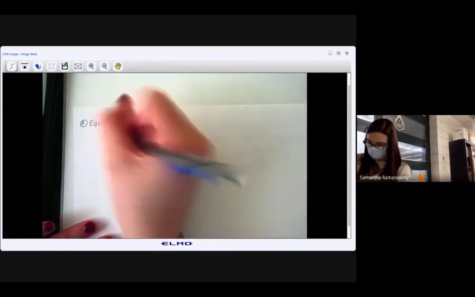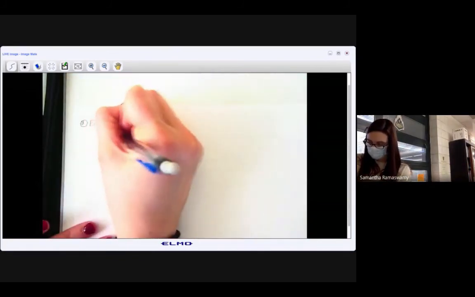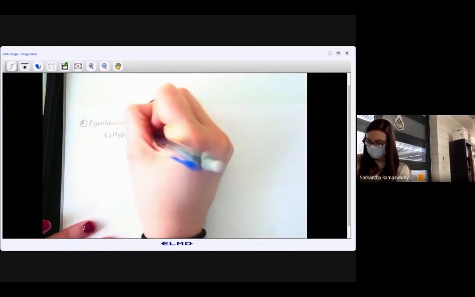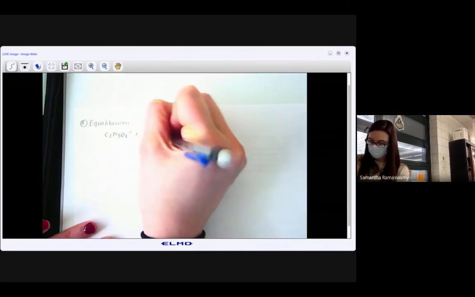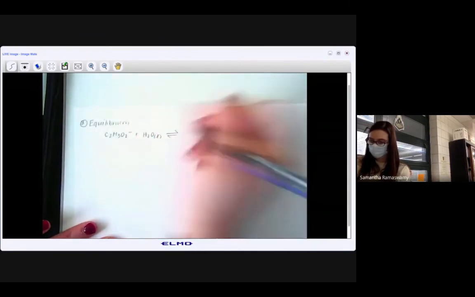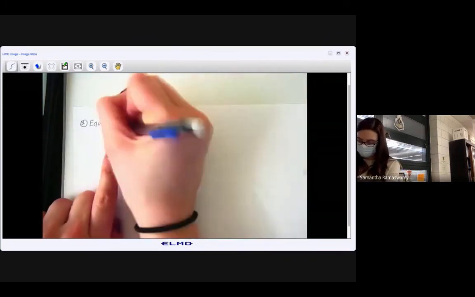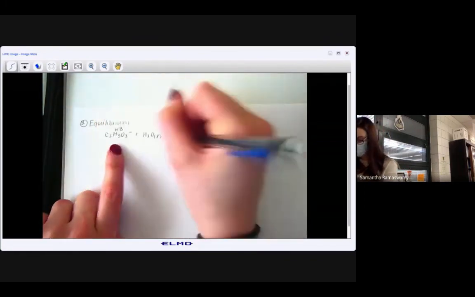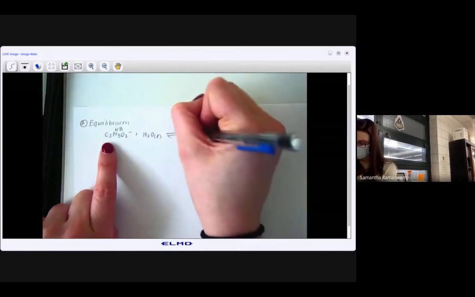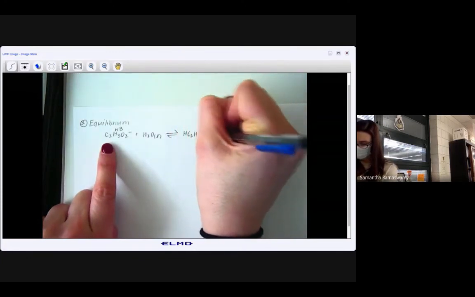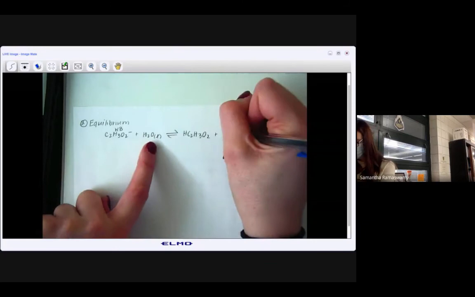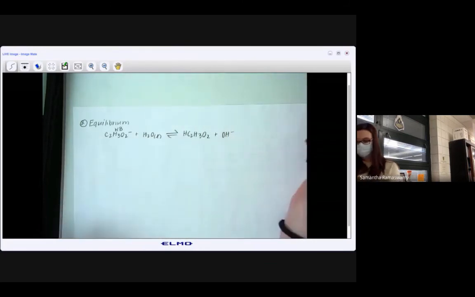Because in the beaker, we have acetate and water. Now, water is a liquid, so really water is not going to matter. But it helps because since this is a base, that tells us that it's going to accept a proton, leaving water as hydroxide.